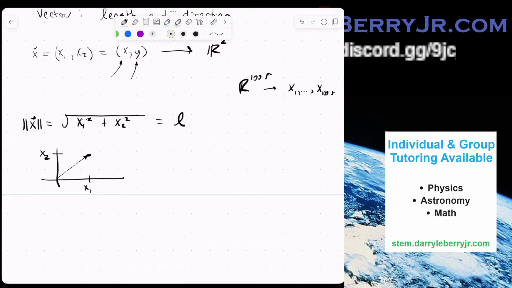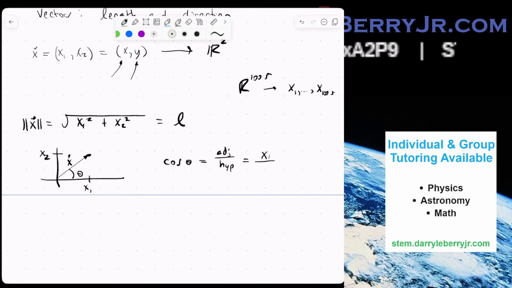So I'll call it x. That means that the direction, we can call this angle theta. So cosine of theta equals adjacent over hypotenuse, which equals x1 over the magnitude of x.